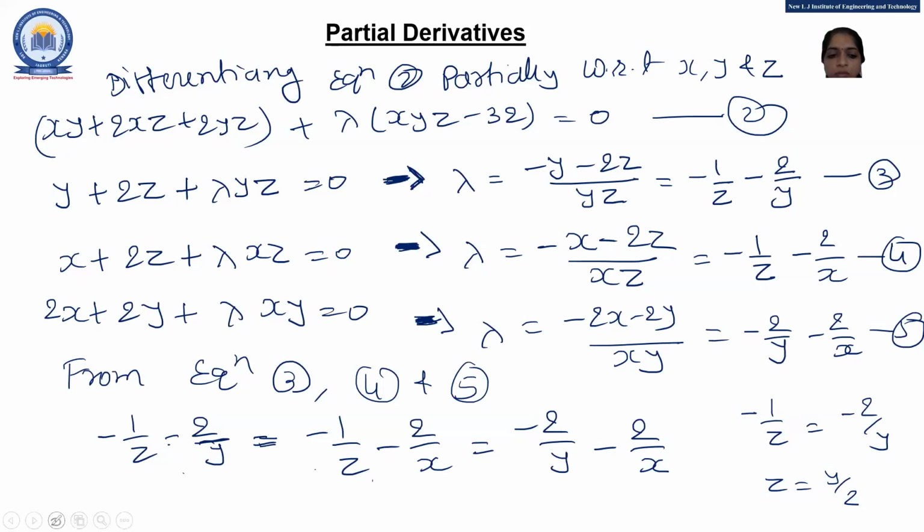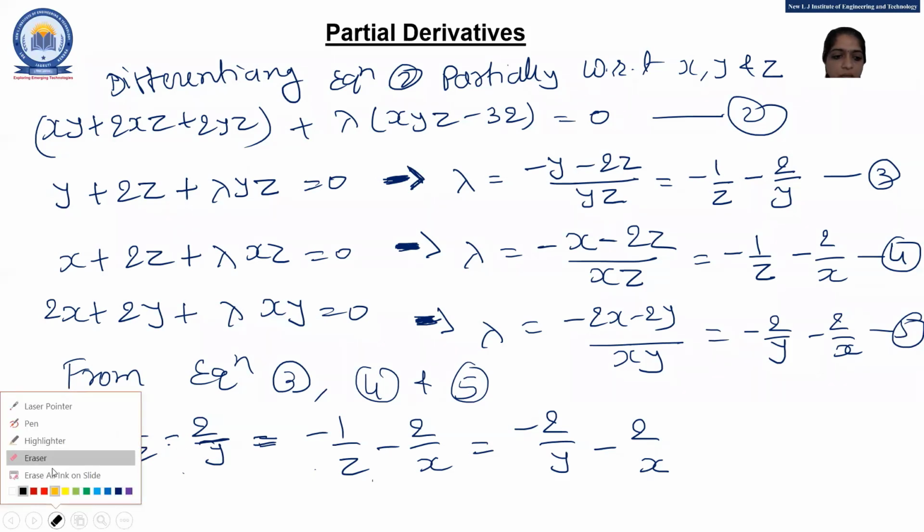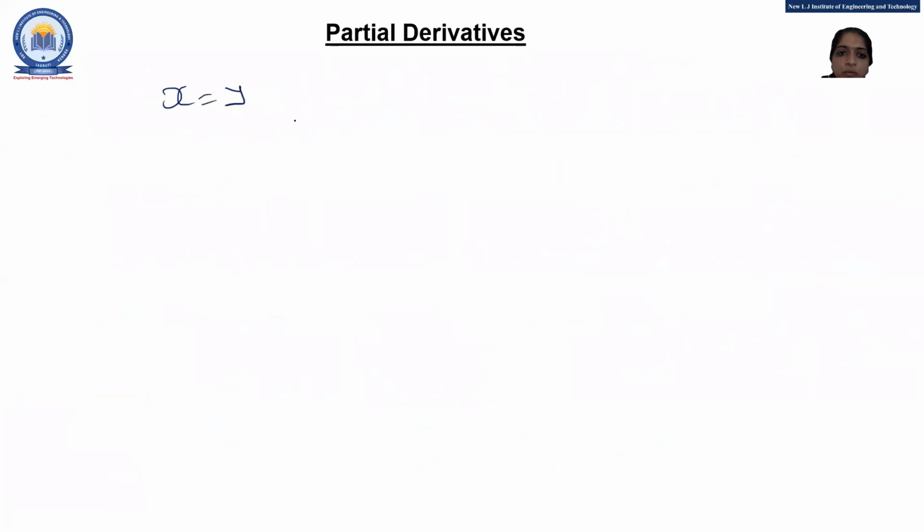Y upon 2, right? So here, after equating first and second, my answer is y equal to x, and after equating second and third, my answer is z is equal to y by 2, right?